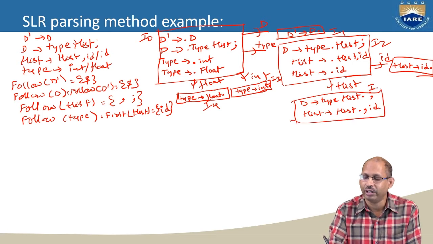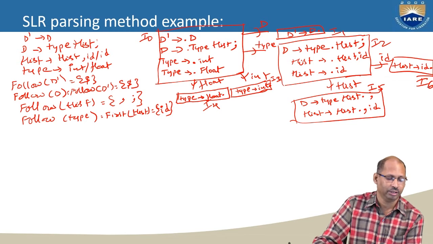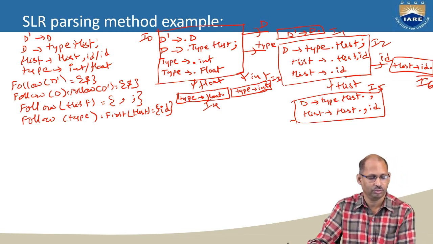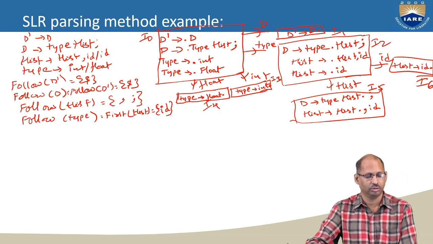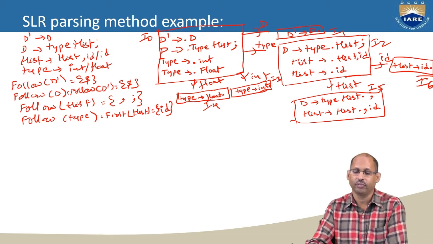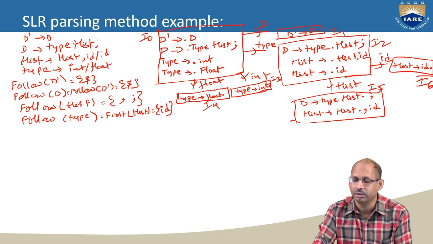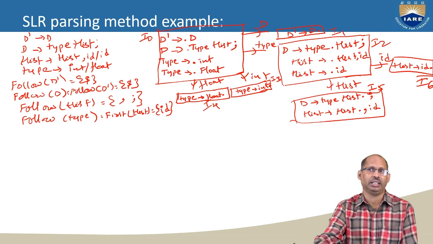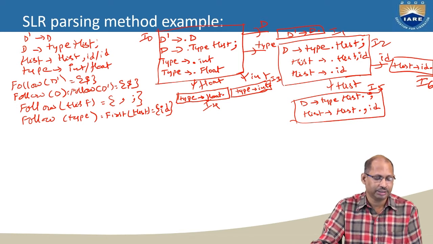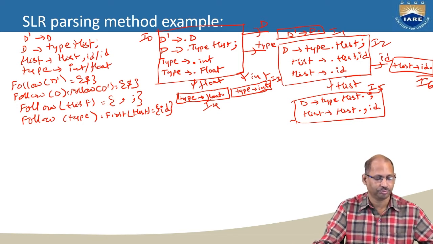This is I5. This is I6. Dot followed by semicolon. Dot followed by comma. Is it clear?